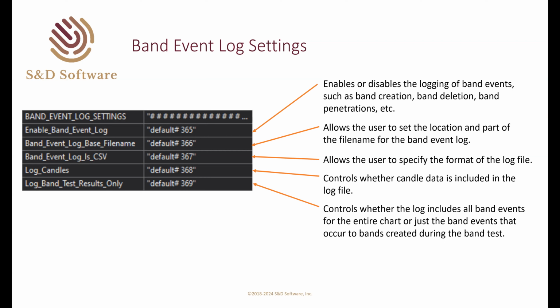But when you have a band test running, there's a lot of additional information you get as well. And having that additional information can be quite useful because you can load it up into a spreadsheet and potentially do further analysis on it.